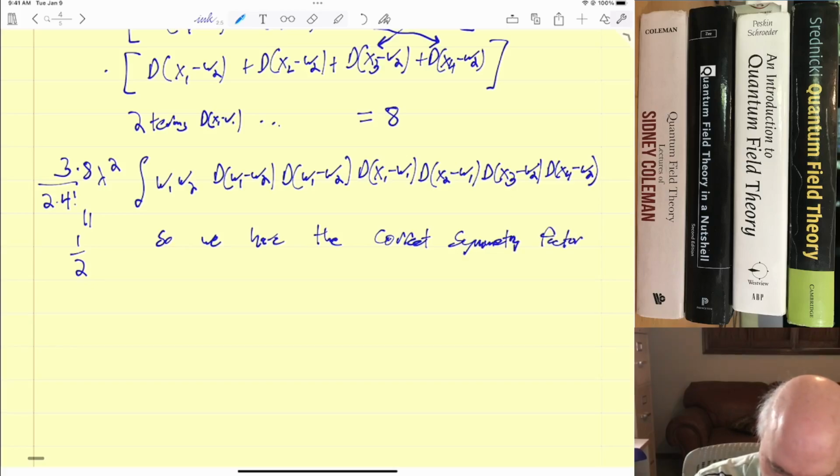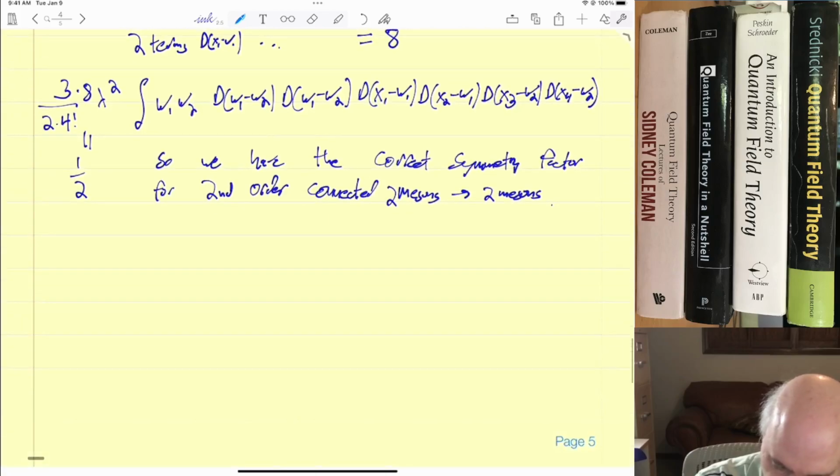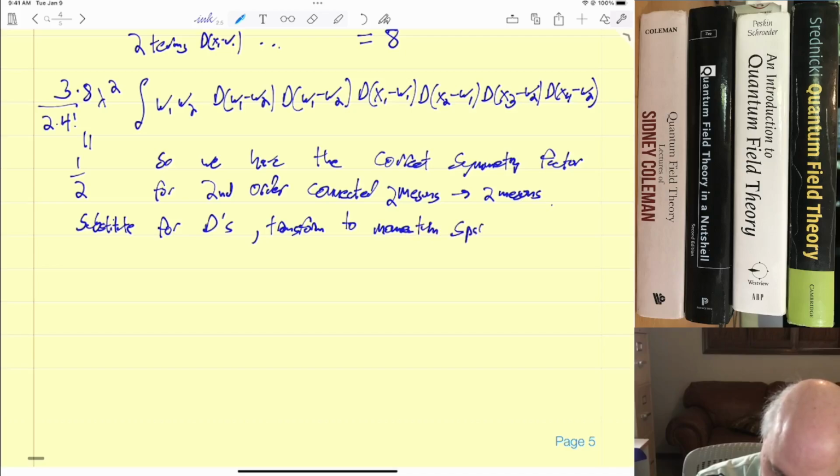And for the second order connected process, two mesons scattering into two mesons, I'm not going to do it, but we substitute for the D's the expression for the propagator, transform to momentum space via Fourier transform, and then finally amputate external legs.